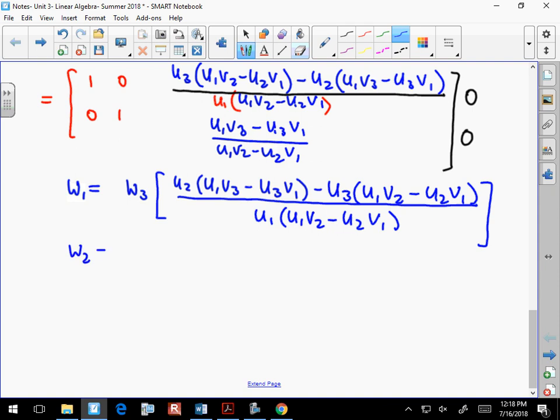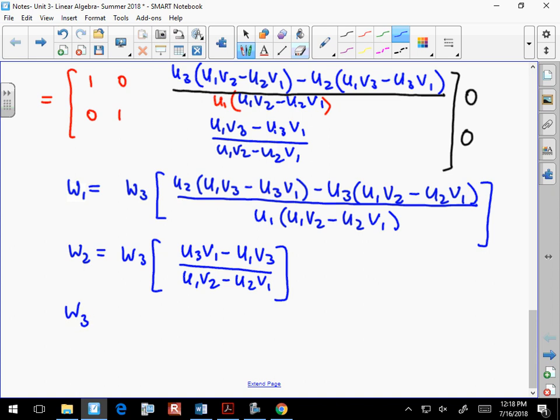W2 would be equal to W3. Again, it's the negation that we're subtracting. So I'm going to, again, reverse the sign. So U3 V1 minus U1 V3 over U1 V2 minus U2 V1. W3 is itself, that's a free variable.